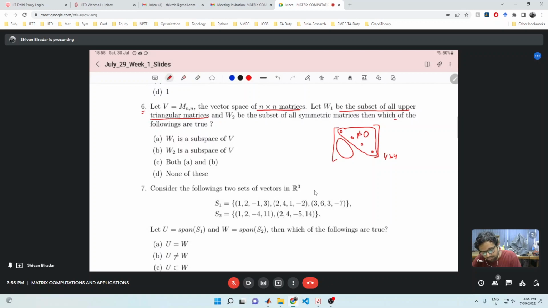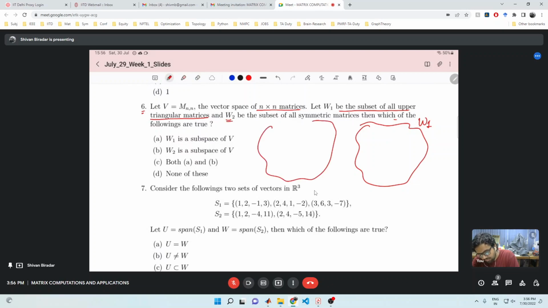So W1 would basically be the space or the subset of all the upper triangular matrices. So this space or subset will contain only upper triangular matrices. And they have said to consider another subset or space, W2, where you have only symmetric matrices.